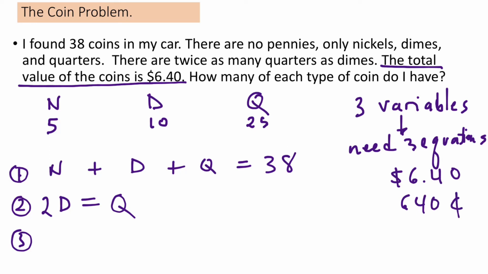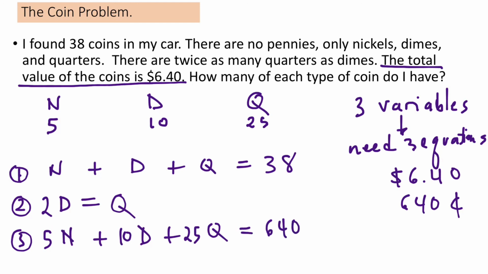So we can write an equation that says the number of nickels times 5 cents plus the number of dimes times 10 cents plus the number of quarters times 25 cents all has to add up to 640 cents. So now I have 3 equations that I can solve simultaneously to figure out these 3 variables.